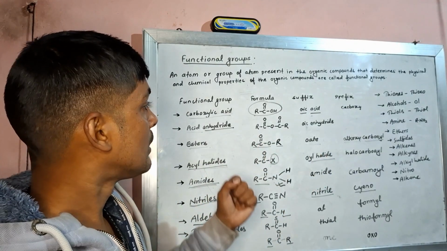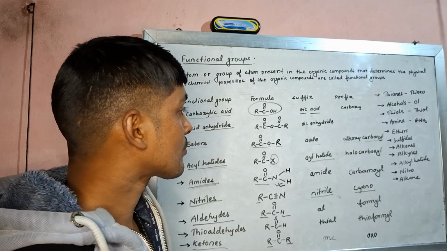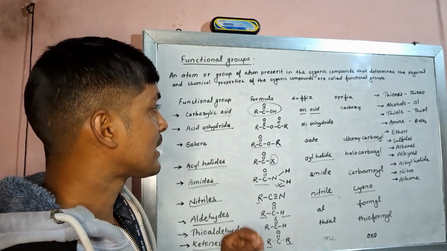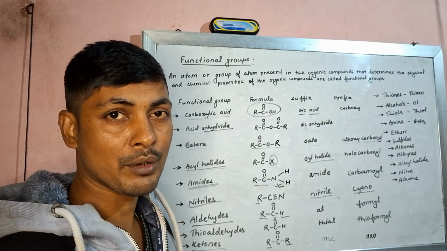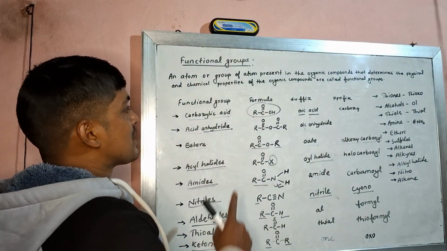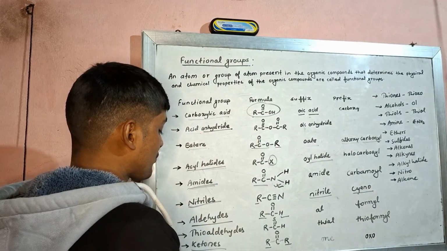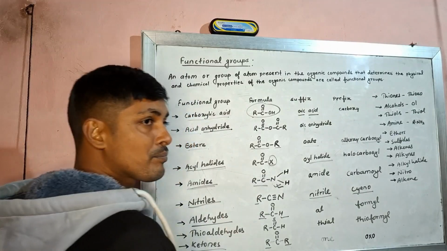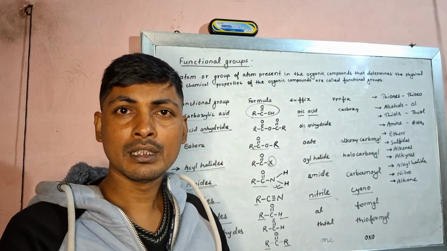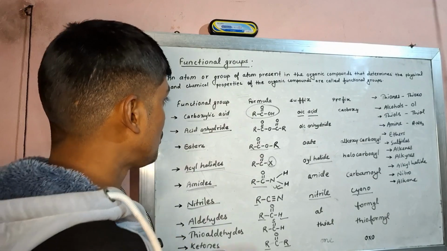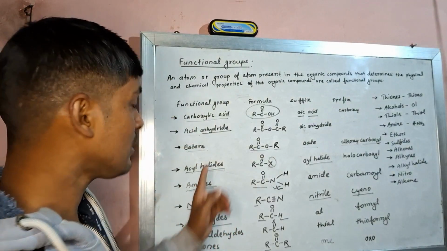But the prefix for other functional groups is generally used in case of two or more functional groups present in an organic compound. Suppose there is the presence of carboxylic acid and aldehyde, two functional groups in a single organic compound. In that case, which one comes first in the priority order?